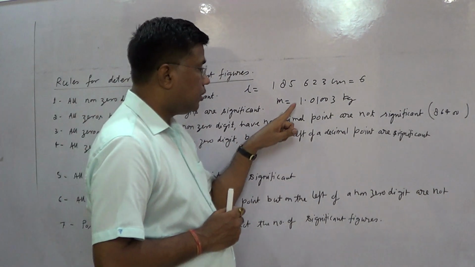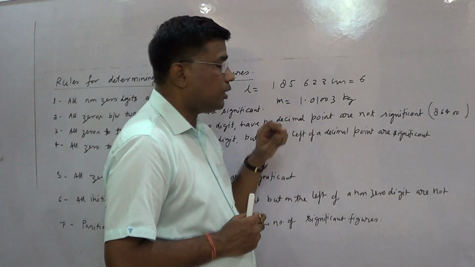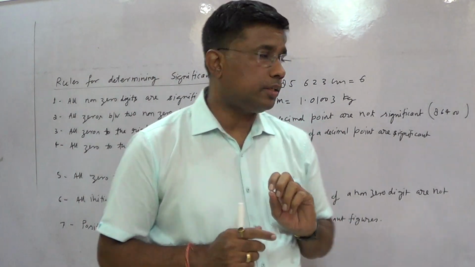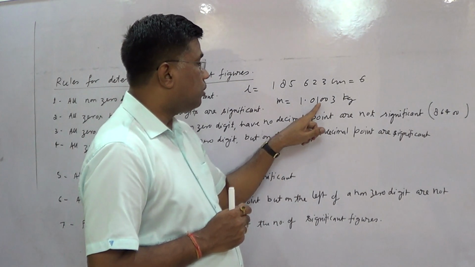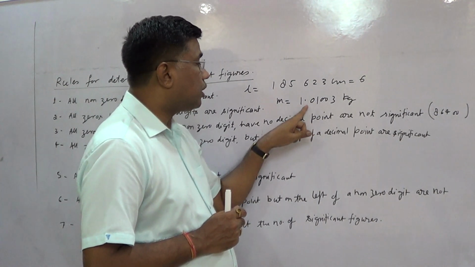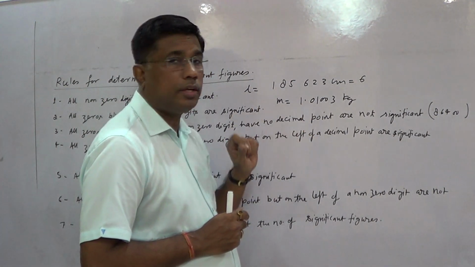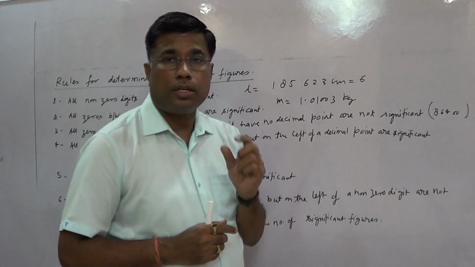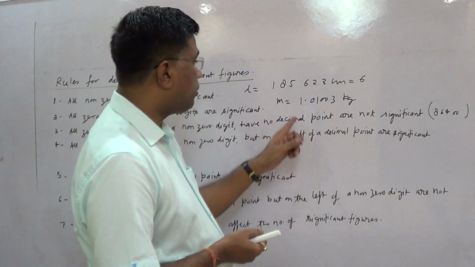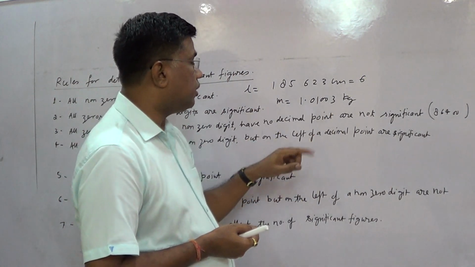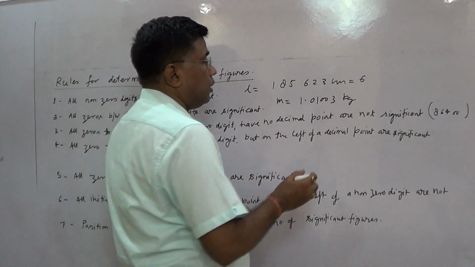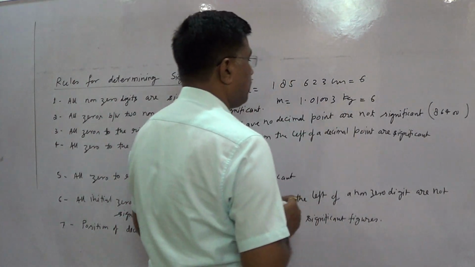According to the first law, the 1 and the 3 are non-zero numbers, so they are significant. So non-zero numbers give 3 significant figures, and this 0 occurs between two non-zero numbers, therefore it is significant. These 2 zeros also occur between two non-zero numbers, therefore they are also significant. So the total number of significant figures in this measurement is 1, 2, 3, 4, 5, 6. So it has 6 significant figures.